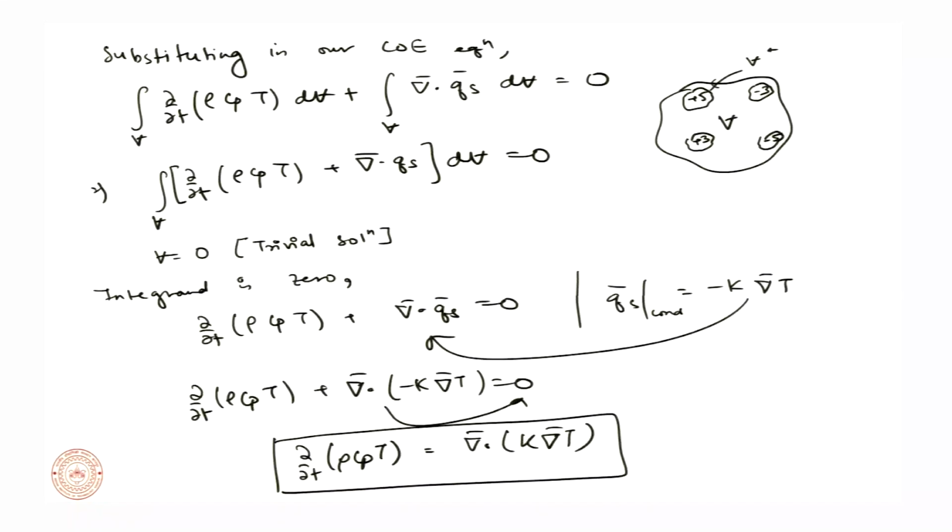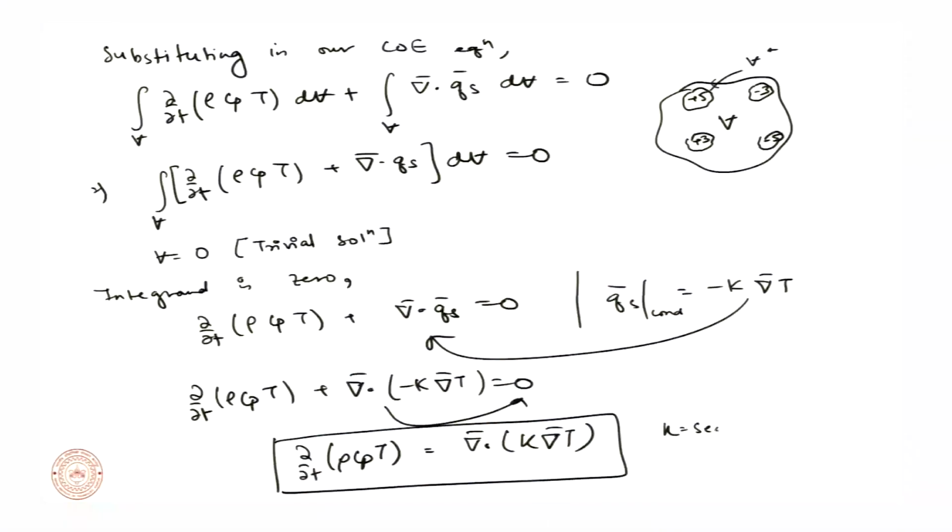And this equation is a transient heat transfer equation; rho is the density, Cp is the specific heat, K is the thermal conductivity. K is not a scalar. Many people would consider K as a scalar. K is not a scalar. K is a second rank tensor. Okay, what a second rank tensor means is that K is anisotropic.